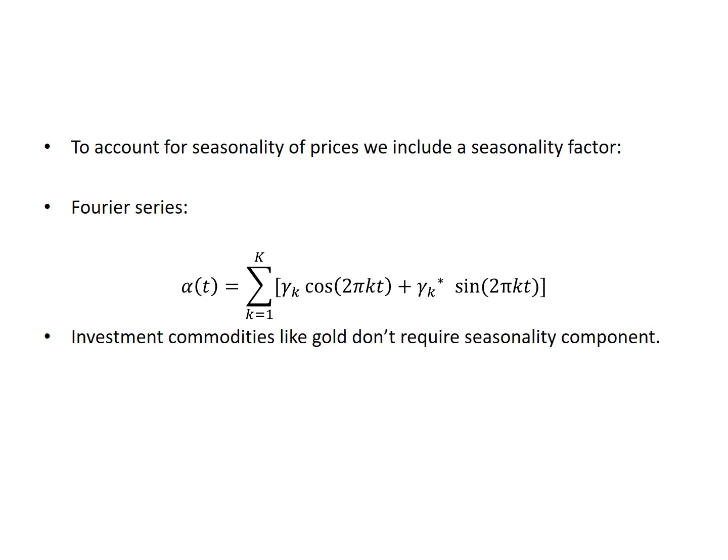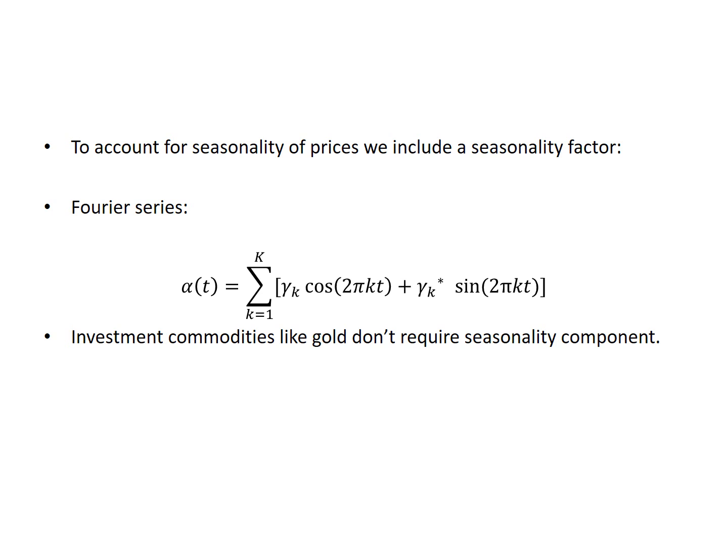So to account for seasonality of prices, we include a seasonality factor. This is like a Fourier series, and we can include this in our convenience yield or our spot price. Now, there are models that integrate this factor better than others.